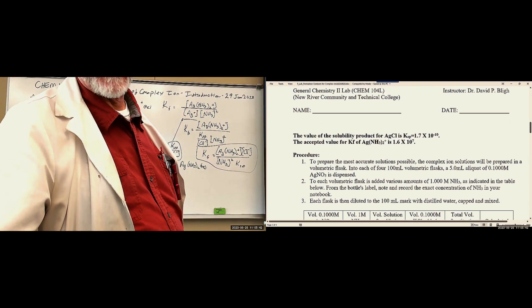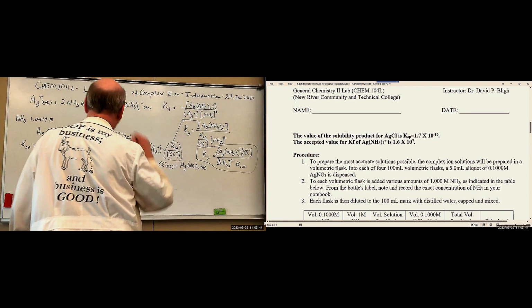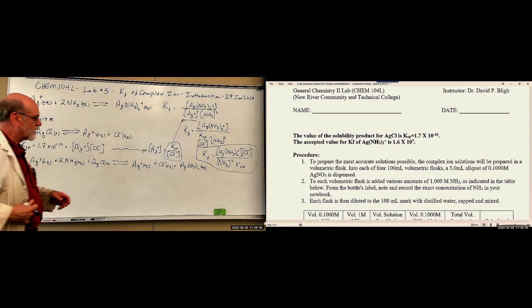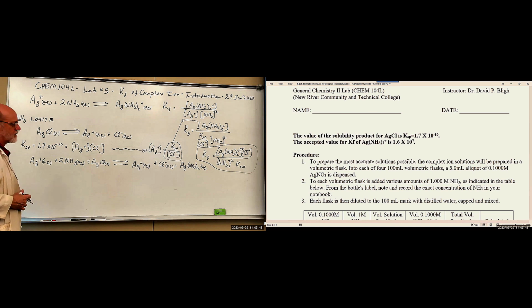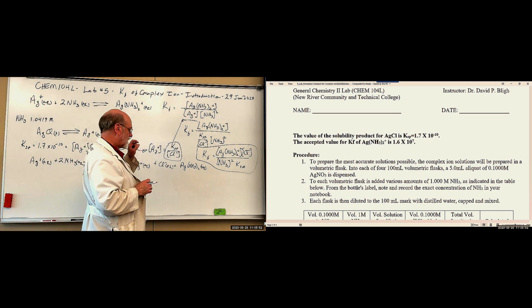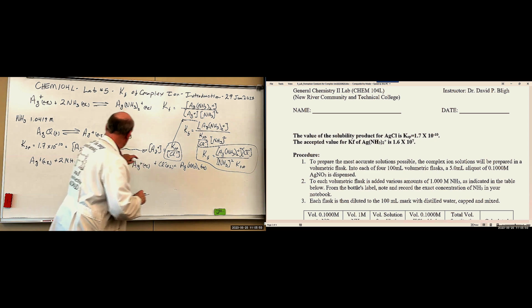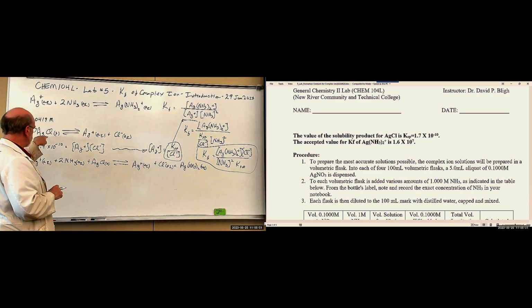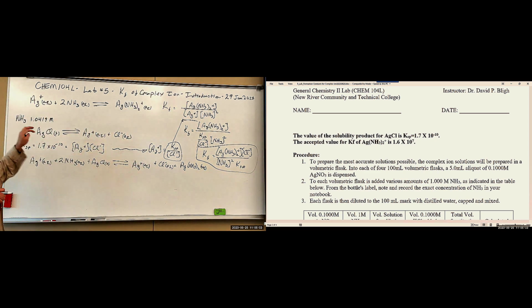Okay, so how do we get there? Well, we're going to titrate a solution, and what we want to determine is how much chloride we had to add to make this appear and stay there.